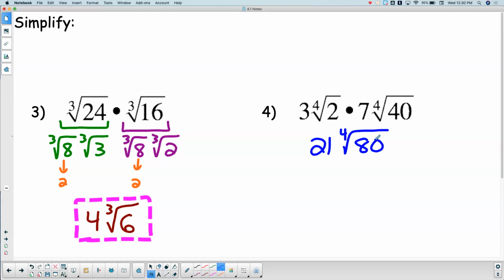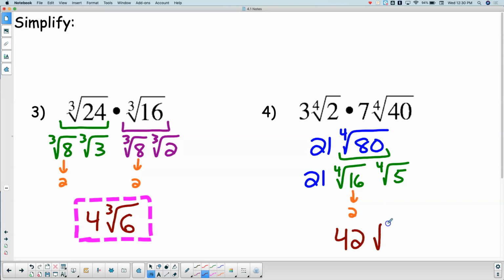So then this becomes 21 times the 4th root of 16 times the 4th root of 5. 4th root of 16 becomes 2. 21 times 2 is 42. Both of those are outies, so they get multiplied together. And the 4th root of 5 is still on the inside.